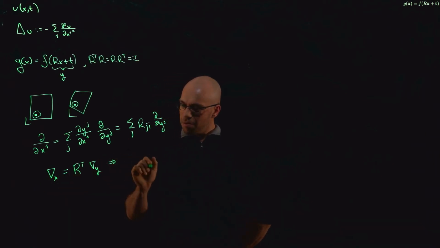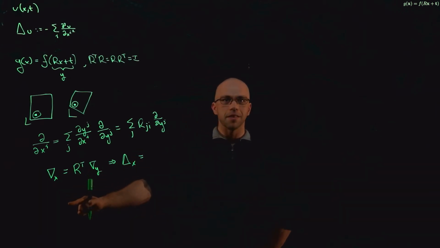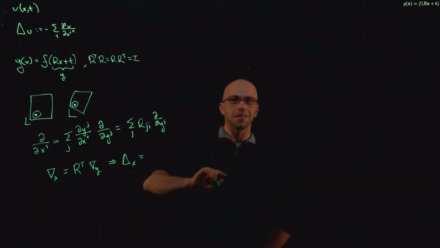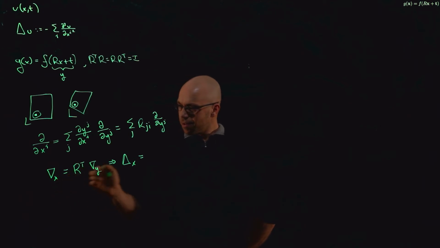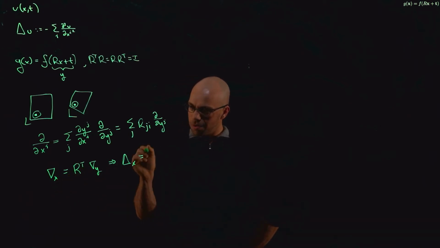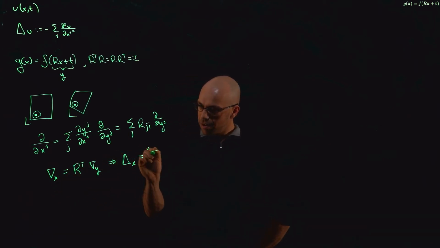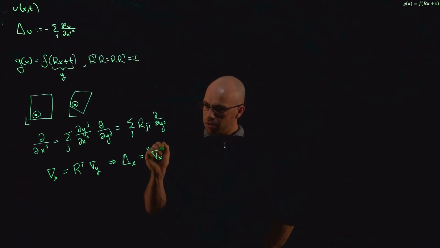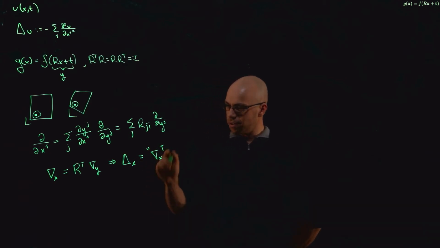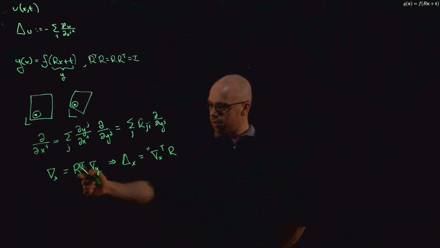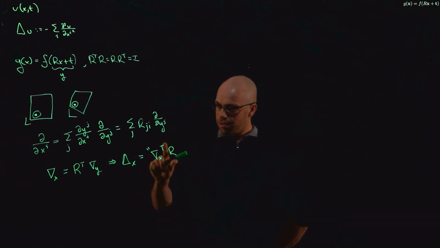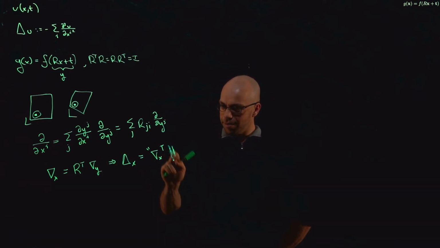Well, remember the Laplacian in x. Let's see if I can do this in kind of formal notation. The course notes do it more carefully, but of course this is really equal to the gradient in x transpose, if we think of this like a vector, times the gradient in x.